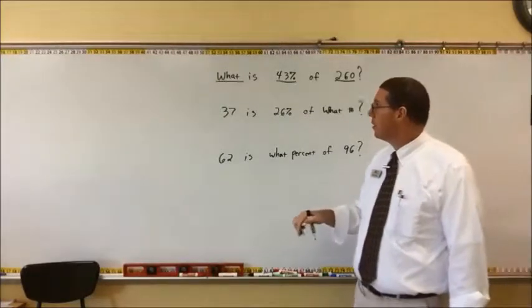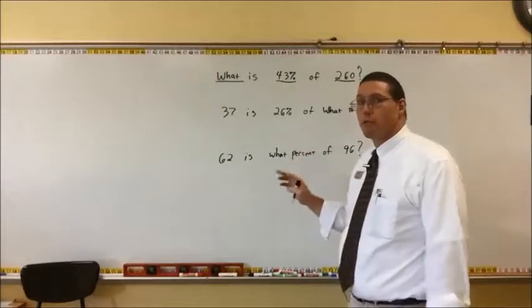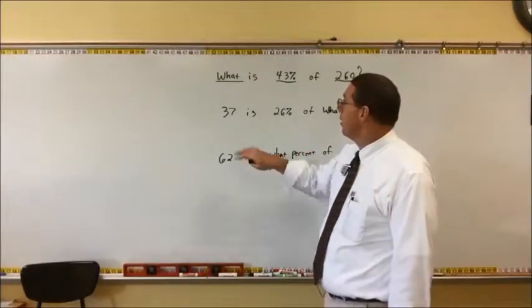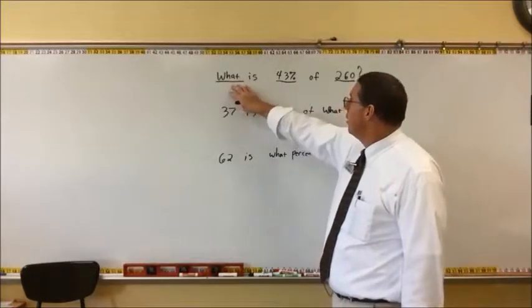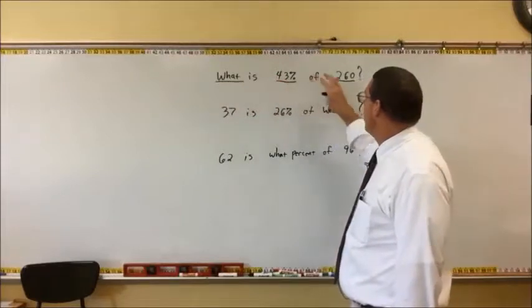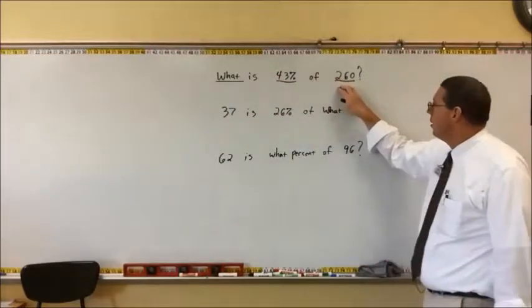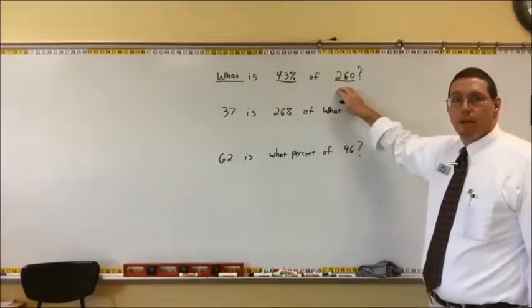I want you to notice something here. Each one of these has three numbers involved. There's the what, then there's the percent, and then there's the number that you're taking the percentage of.